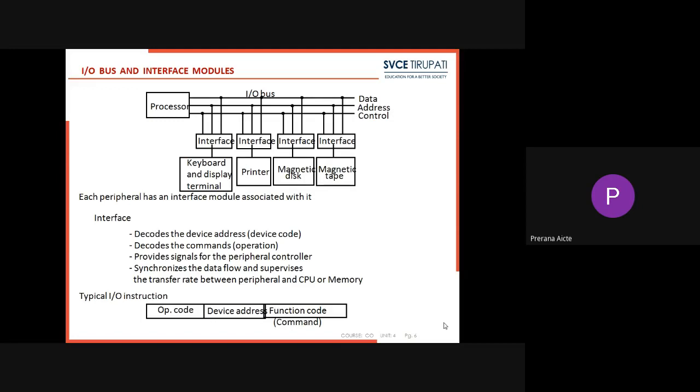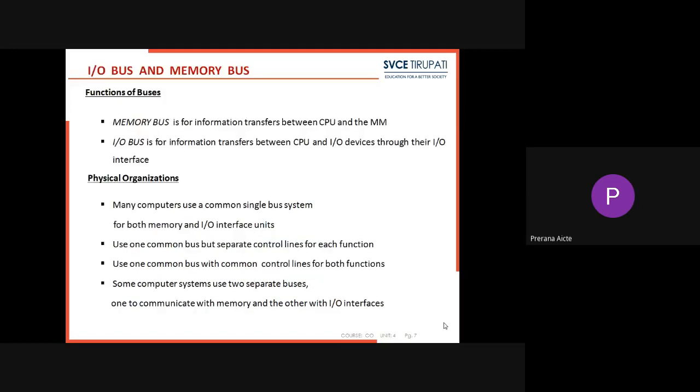And fourth one, data input. The data input command is the opposite of data output. In this case, the interface receives an item of data from the peripheral device and places it in its buffer register. Okay, this is about the I/O bus and interface modules.